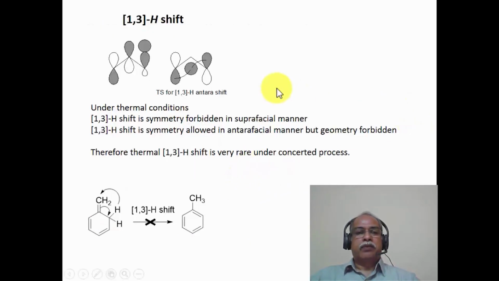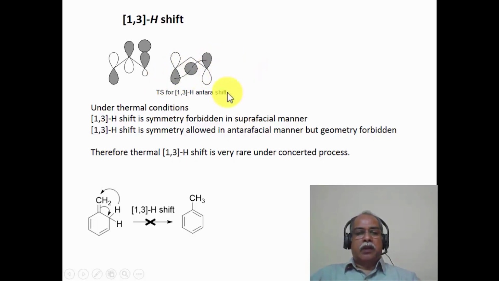Now let us take the example of the 1,3 shift in a more detailed manner. This is a 1,3 shift, and this is essentially the transition state for the 1,3 antarafacial migration. Under thermal condition, the 1,3 shift is symmetry forbidden in a suprafacial manner. However, the 1,3 shift is symmetry allowed in an antarafacial manner but geometry forbidden. As I already mentioned, the 1s electron density is very small and it is unable to overlap between carbon number 1 and carbon number 3 in an antarafacial manner.